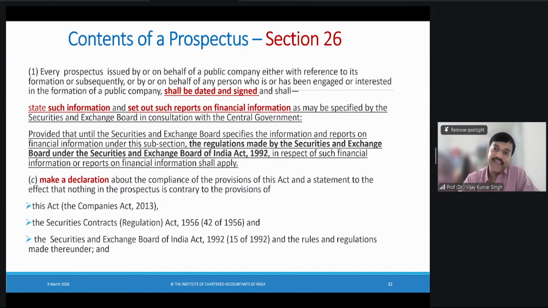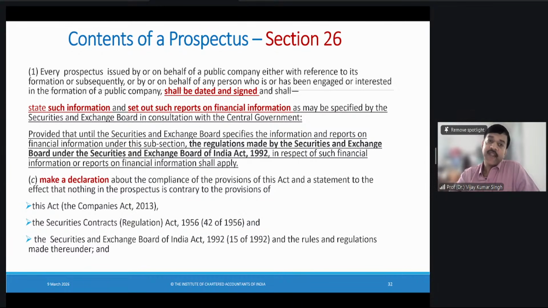Those provisions have now been removed from section 26 and you will find that there is a rule, the Companies Act prospectus rules, which provide for certain details, but most of the provisions relating to the prospectus you will find in ICDR regulations. I will come to that in a while.